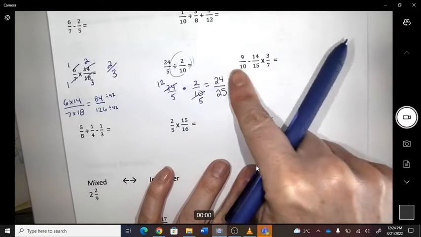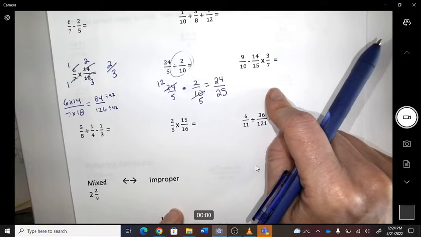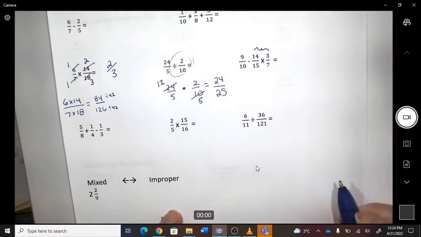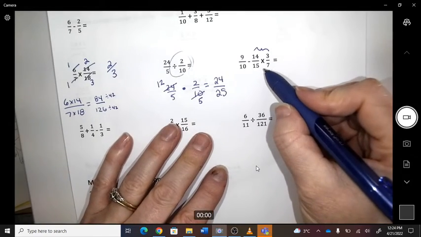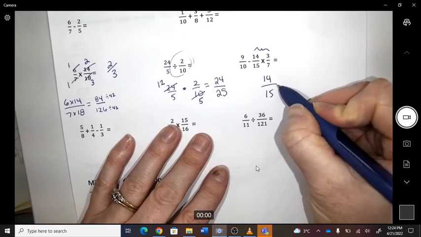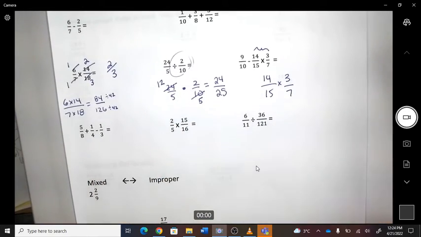Okay. What is going on with this? I have a subtraction and a multiply. So BEDMAS tells me what? Do that first, right? Okay, so I'm just going to make this a little bigger for myself. What can I cross off on a top and a bottom here?